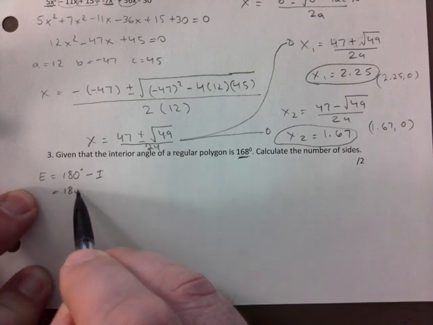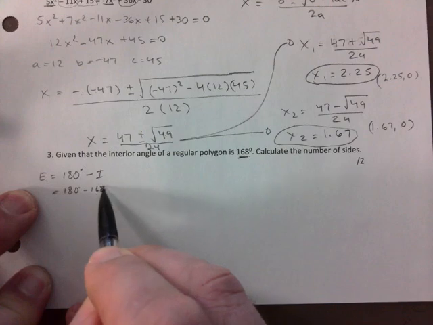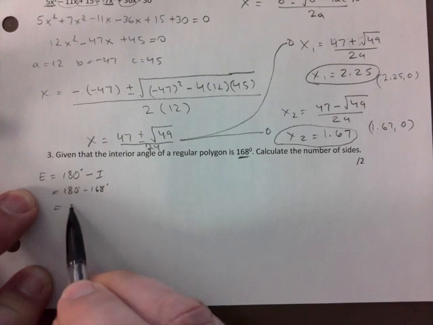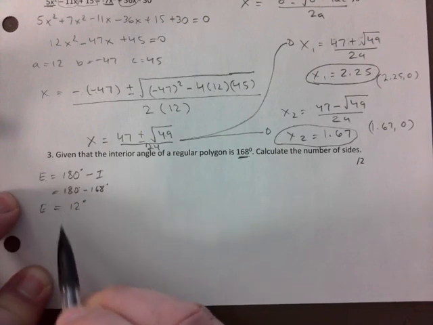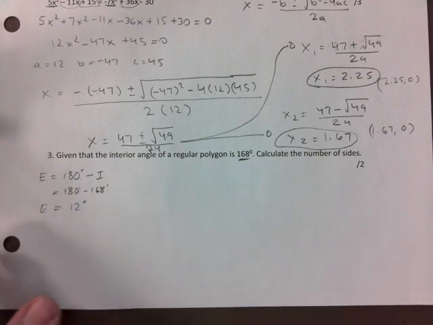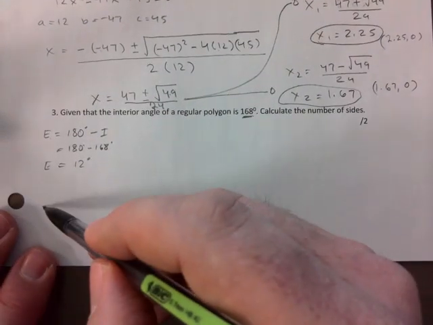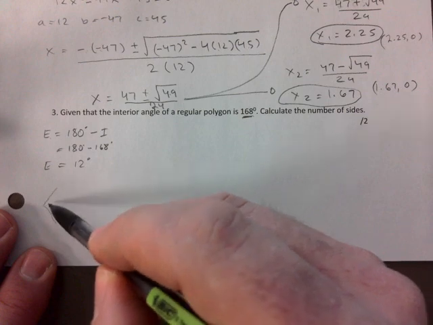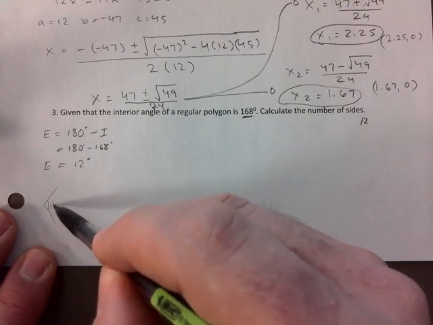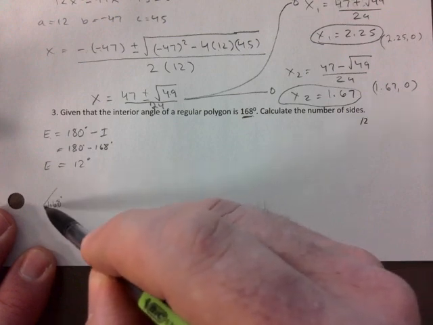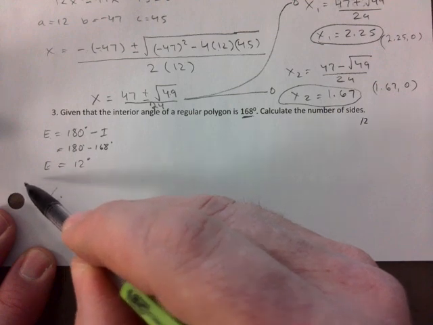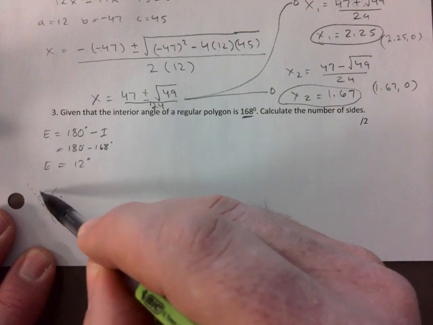So it's 180 minus 168, which is 12 degrees. If you zoom in to any corner on this polygon, we don't know how many sides it has, but the inside is 168, and if you extend it, we've figured out that this is 12.